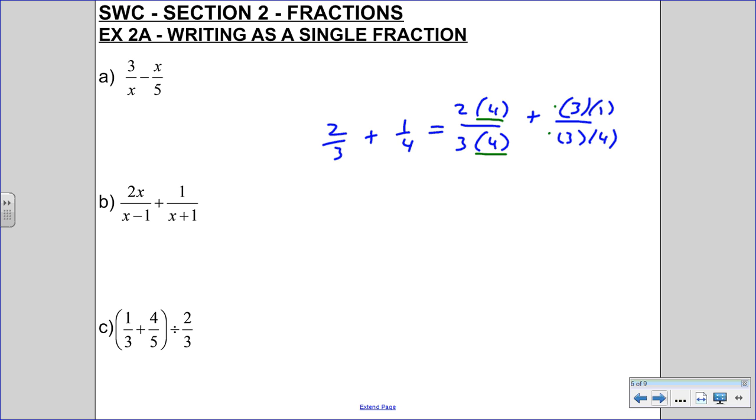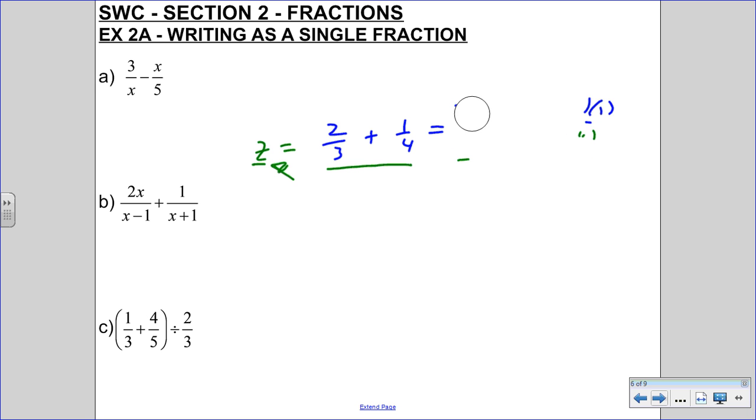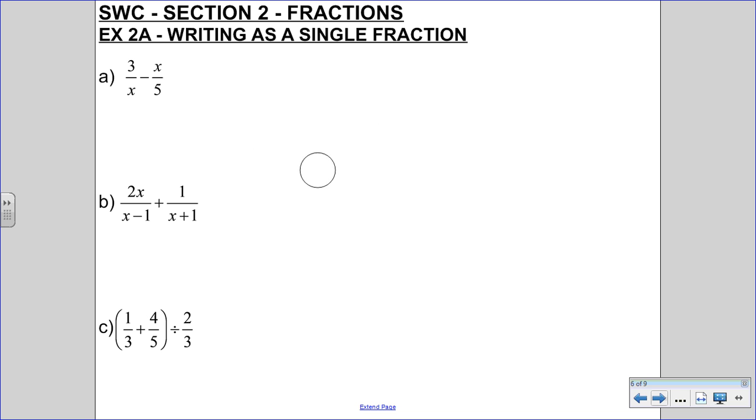So you haven't actually changed the object, you see, because if we set that equal to z, and I was just to times it by 4 on the top and times it by 3 on the bottom, then I haven't actually got what I started with, because z equals this, but that's not the same as that, see? So just like with algebra, we have to do exactly the same thing, okay?